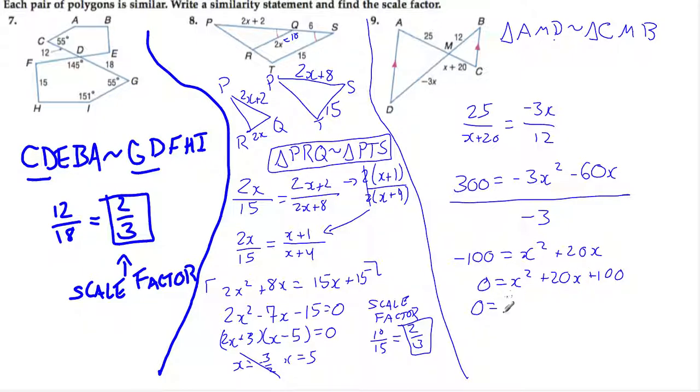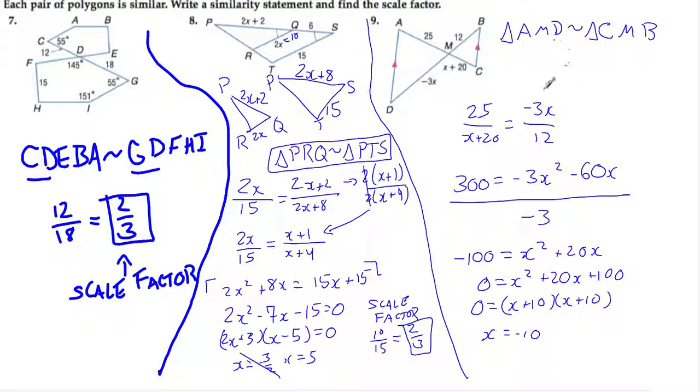So when I factor this, I get x plus 10 times x plus 10. So I need to set this equal to 0. So x plus 10 equals 0. So x equals negative 10. Actually, if I look, that works out because if I plug in x, I'm going to have positive numbers.